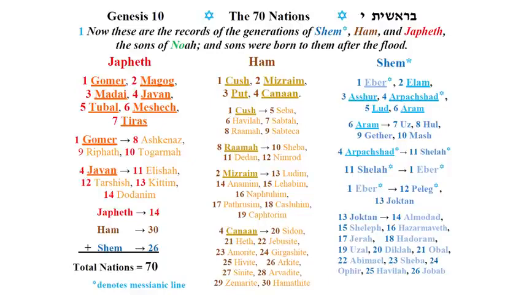Okay, but you can. These are the original 70 nations. We're going to talk about this a little bit later in this talk. All right, and the reason I even brought that up is because 70. Okay, Ayin represents 70, so you're going to see lots of 70s throughout the Bible.